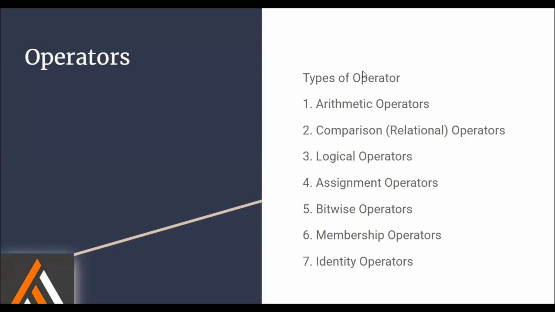Then we have seen the identity operator, which shows the matching of one entity with another entity. We have seen all this with live examples. Then we came to the punctuators, where we have seen how different punctuators are used in Python, like brackets, braces, parentheses, comma, colon, and semicolon, all with live hands-on examples.